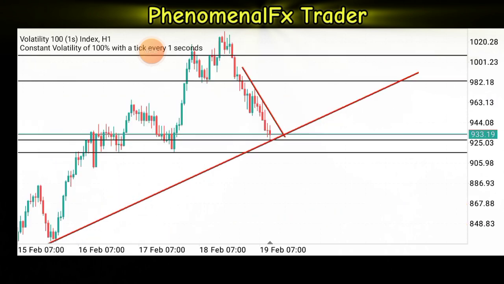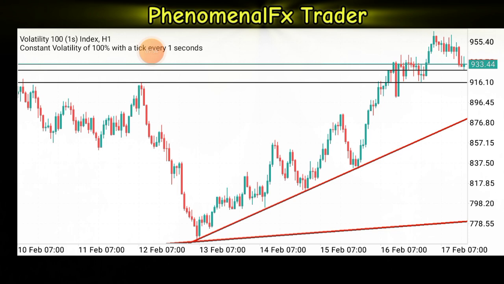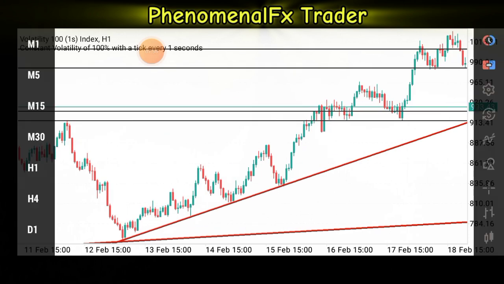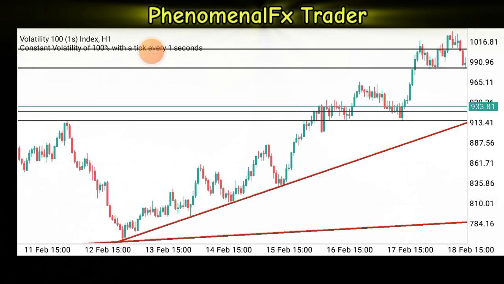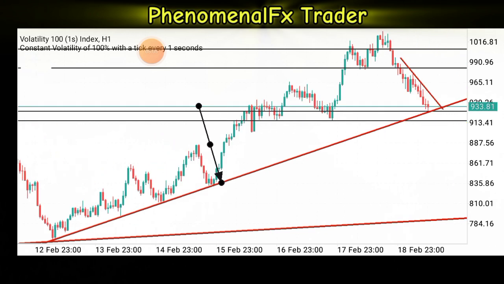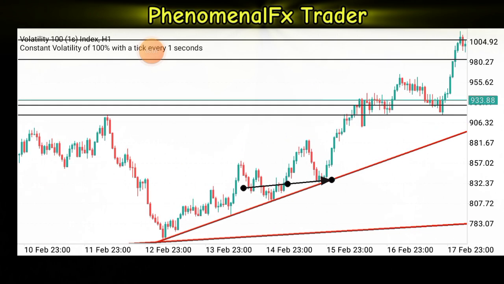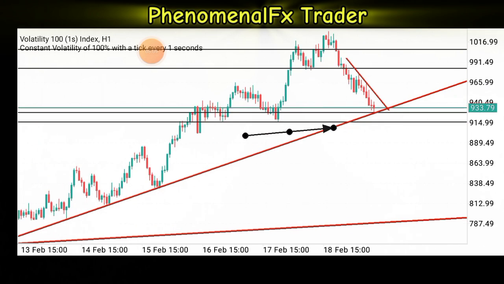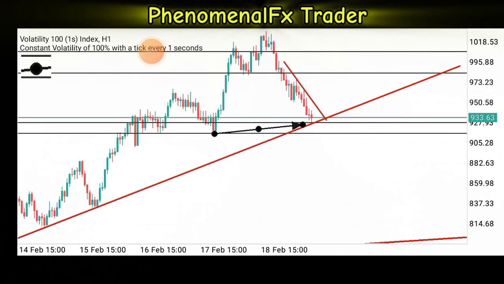Guys, this is very perfect. You can see the trend line fits in and touches more than 4 points. This is the first one here, this is the second one, third one, fourth touch, and then this is the fifth touch. The fifth touch is where the market currently is, where the current candle is.